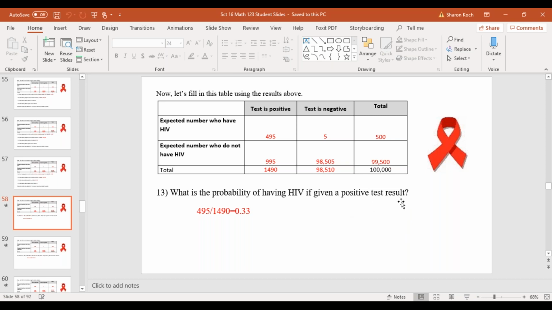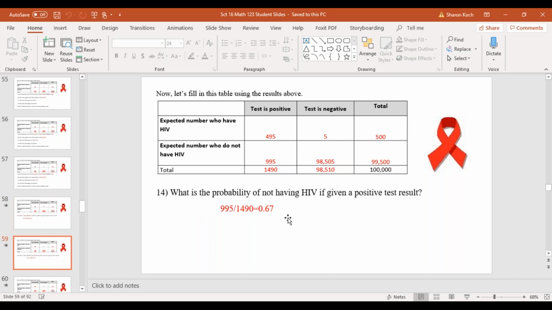That's a condition. They're not asking me to take it at random. If you tested positive, that is right here. That means my denominator is going to be 1490. What's the probability of having it? That would be 495 out of that. So a 33% chance that if you test positive, you actually have the disease.